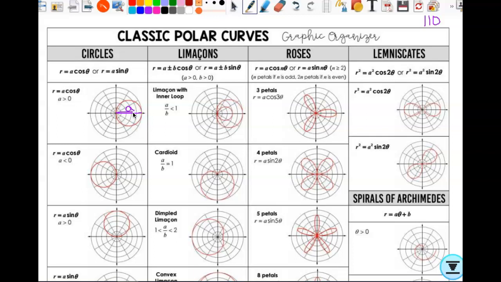So this specific graph on this specific grid is actually r equals 5 cosine theta, because our diameter is 5. This here is a. This one is r equals negative 5 cosine theta.